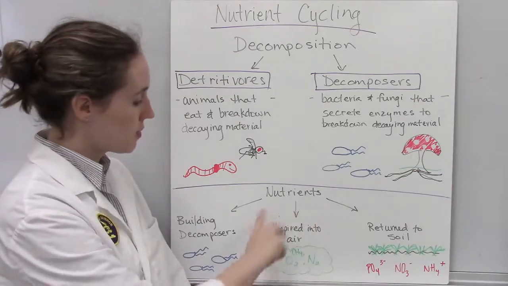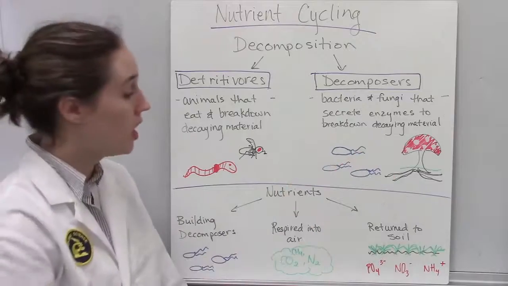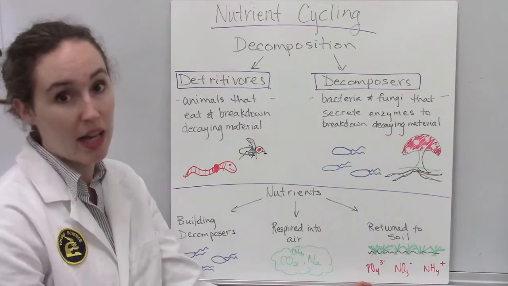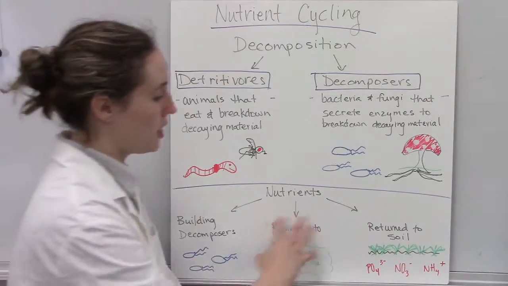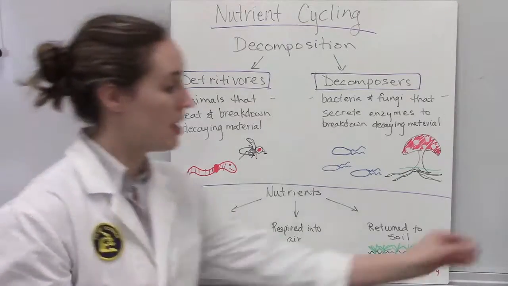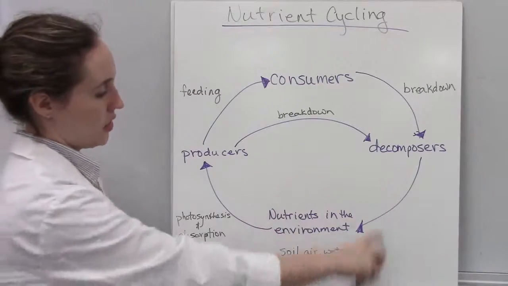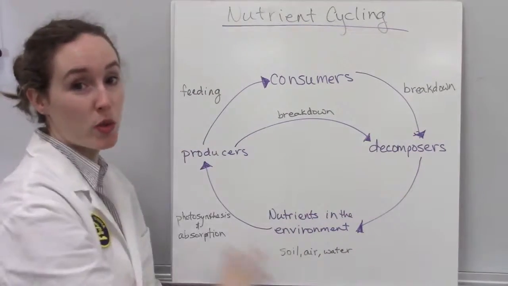Some of those nutrients are respired into the air, or some of it is just returned to the soil. These last 2 places are part of the abiotic environment, so they're now the nutrients in the environment that will join the nutrient cycle.